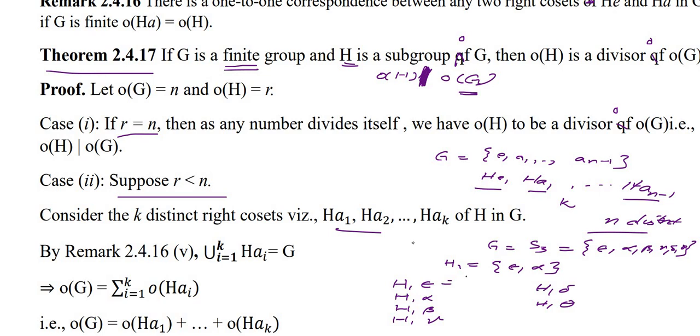When you compute this, H1 epsilon means epsilon with epsilon, alpha with epsilon, that is this. And the next one you have alpha. So epsilon alpha is alpha and alpha square is epsilon, so we have these two to be the same.